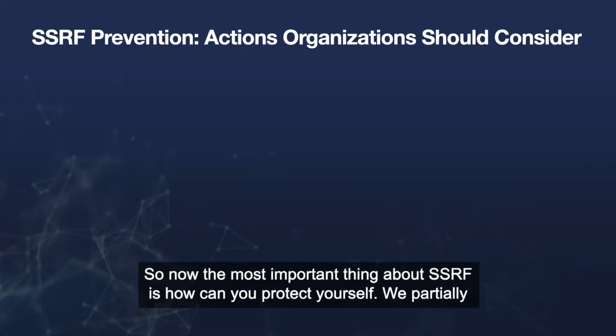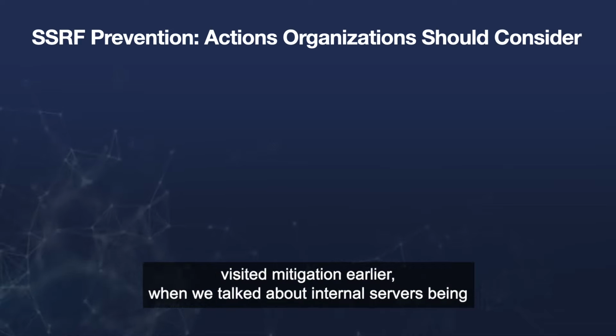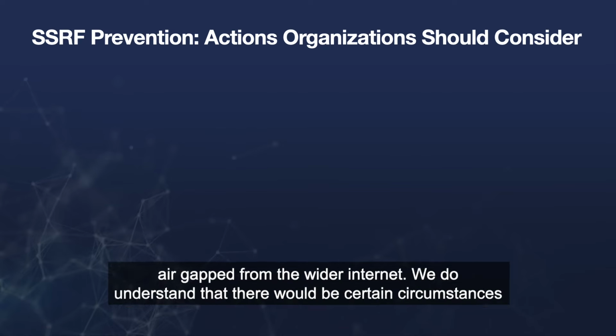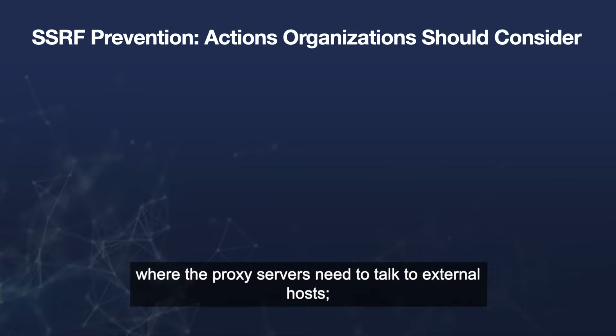So now, the most important thing about SSRF is how you can protect yourself and your organization. We partially visited mitigation earlier when we talked about internal servers being air-gapped from the wider internet. We do understand that there would be certain circumstances where the proxy servers need to talk to external hosts.